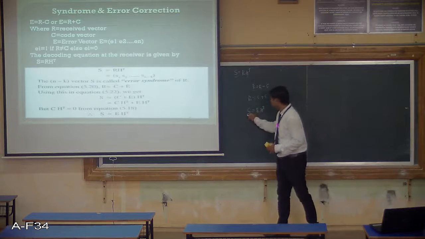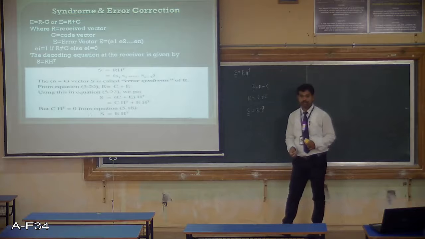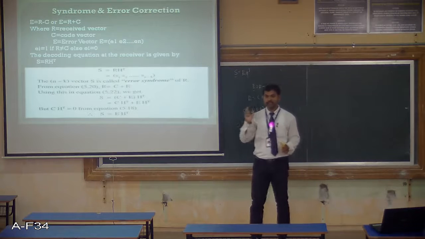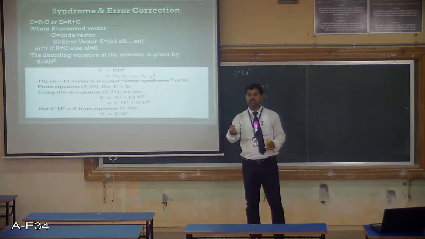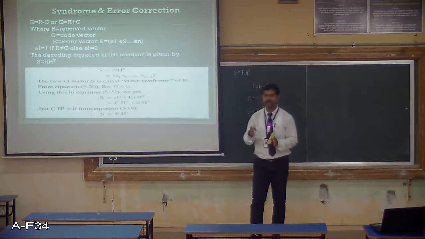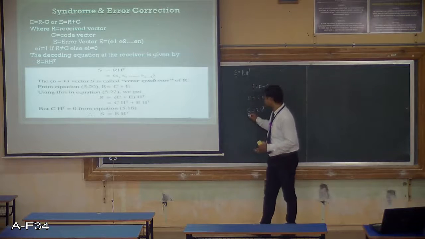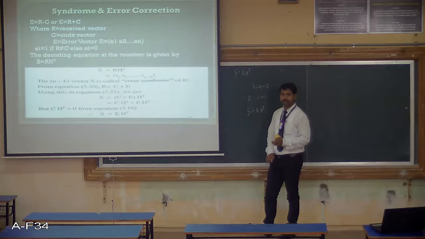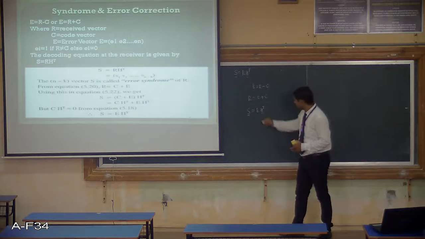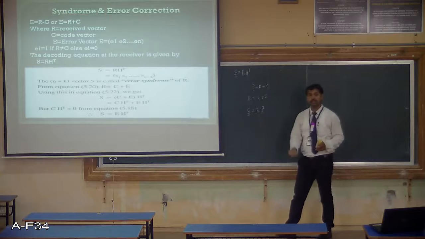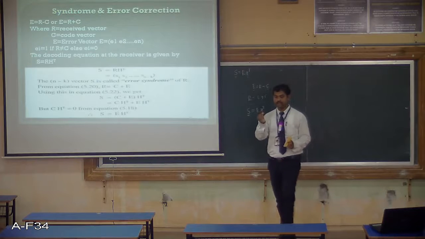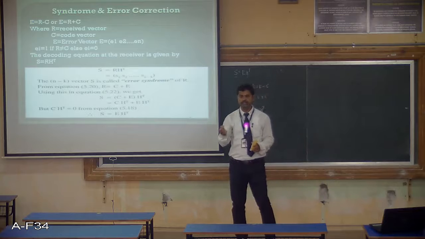So S can be easily obtained with R and H transpose. R is readily available. H is the parity check matrix, which is also predefined. I have R and H transpose, so I can get S. And since H transpose is there, I can find the error vector E. The error vector will tell you where the error is.